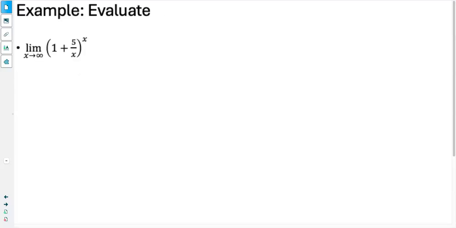So we want to evaluate our limit as x goes to infinity of 1 plus 5 over x to the power of x.